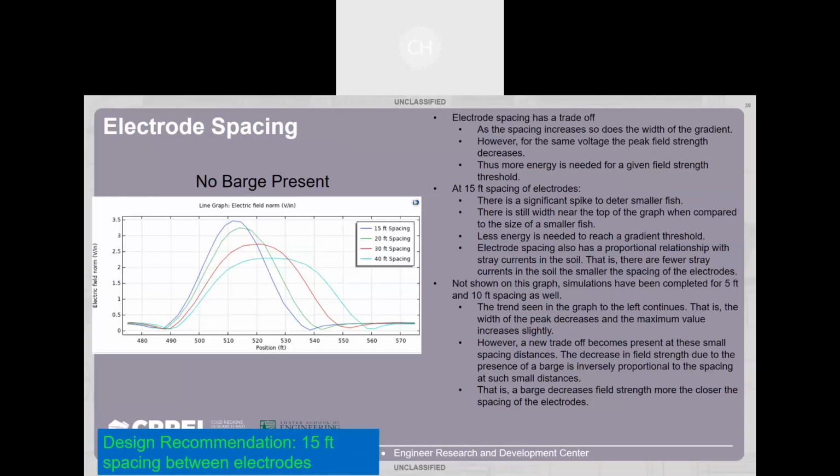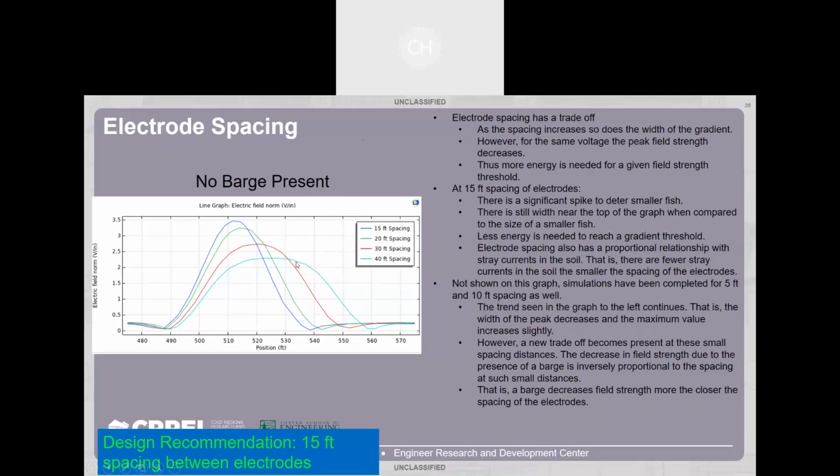So here, I hope this better answers the question than just my words. Talking about spacing of the electrodes, a wide array versus a narrow array. Here you'll see the anode and cathode are held at 15 feet, whereas here they're held at 40 feet.